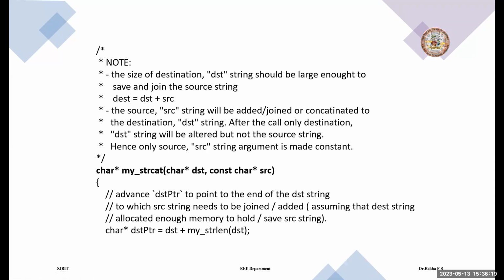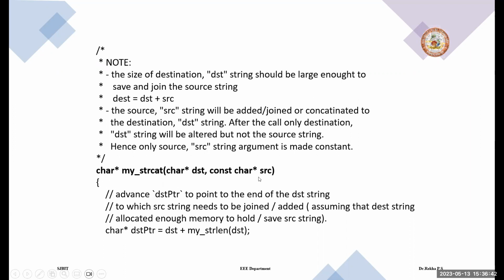It will not change. Hence, only the source argument is made constant. Here you can see const char *source. Only this string is made constant, but not DST, because DST is going to change. And also you're not supposed to alter the source.